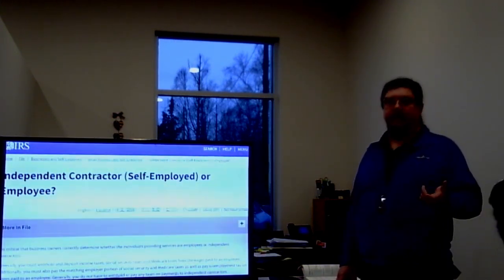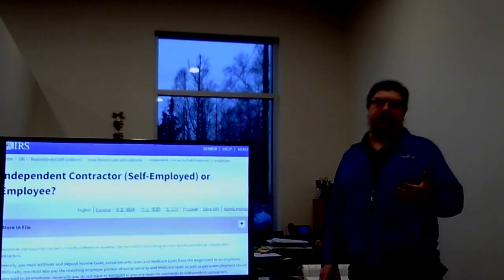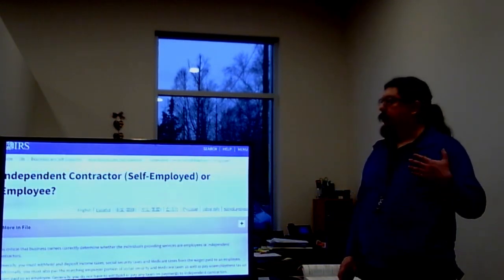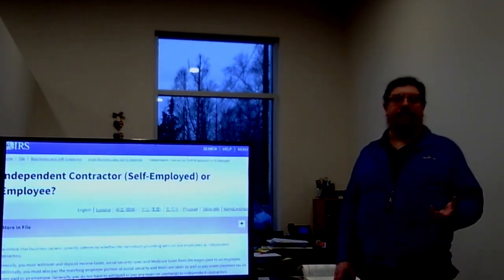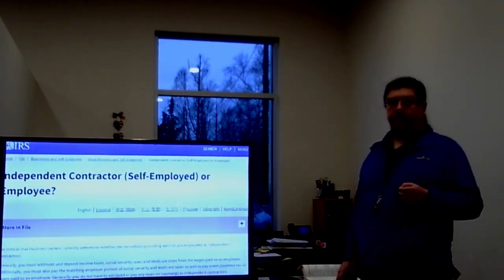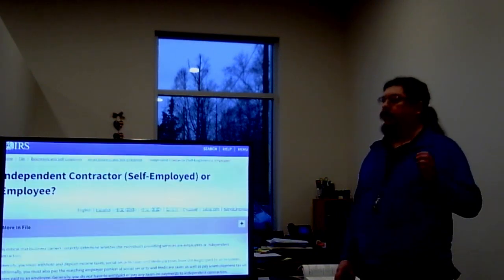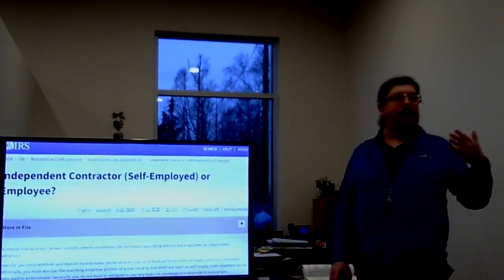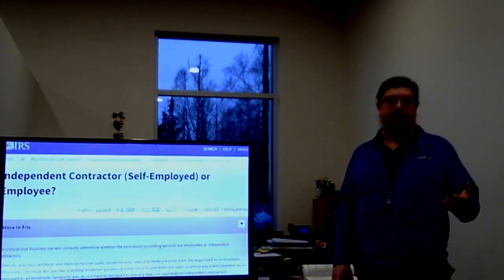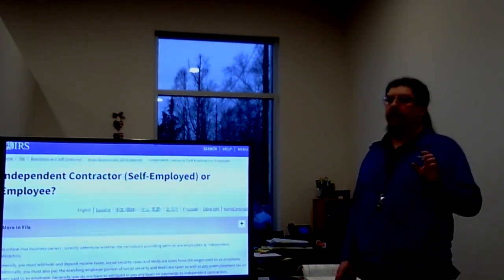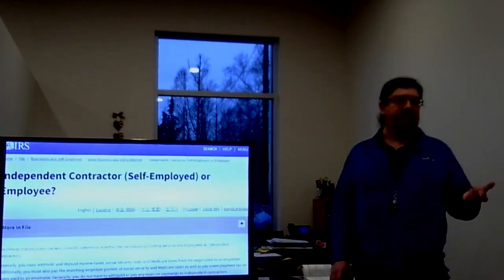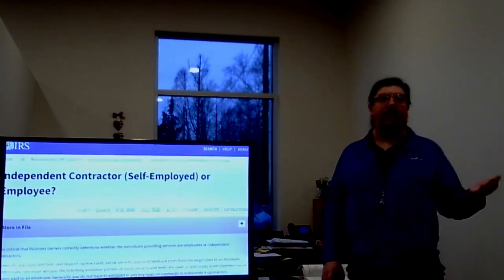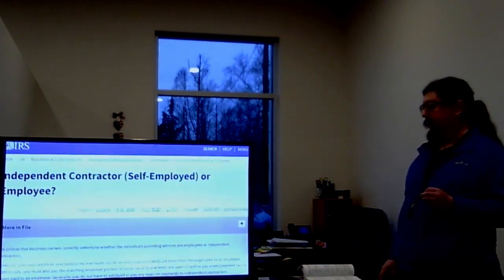If you do receive a 1099 NEC, which is non-employee compensation, that's what you would get as a contractor, and you believe that you should have been treated as an employee based on these rules, you can avoid filing Schedule C and file only an 8919 instead, which means you're only going to be liable for your half of the Social Security and Medicare tax, instead of self-employed people who pay both halves of Social Security and Medicare tax.